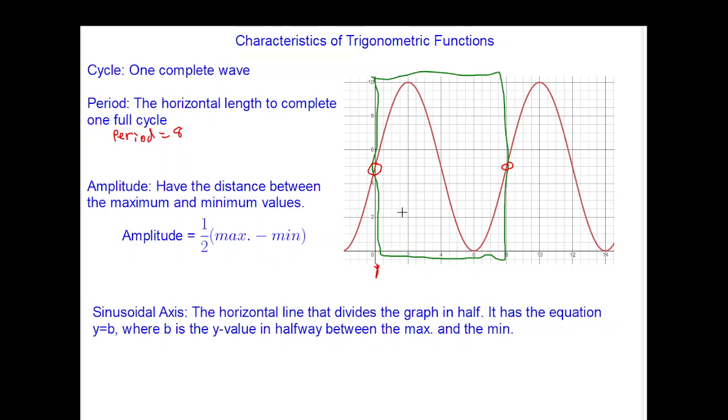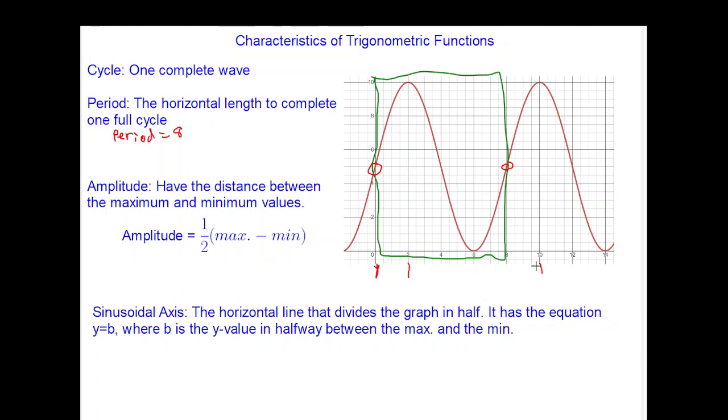So it could be hours, it could be days, it could be minutes, depending on what it is that you're measuring. If this is an example of a Ferris wheel, say, you might be talking about minutes, an 8-minute sort of going around the Ferris wheel type of scenario. Again, I could measure that period from anywhere as long as I'm doing one complete cycle. So I could measure it from x equals 2 all the way to x equals 10.